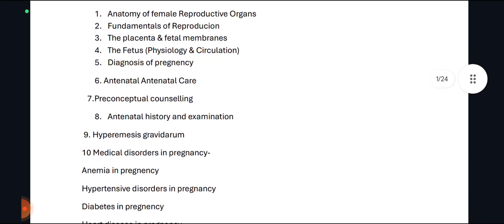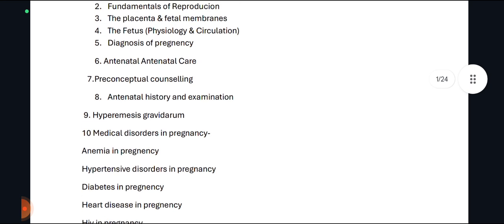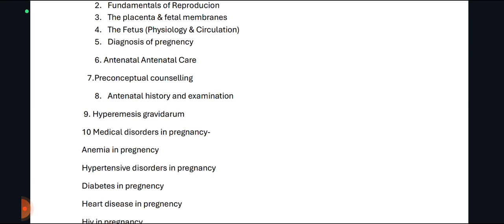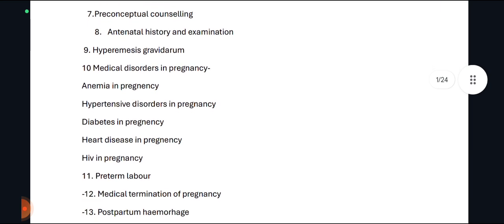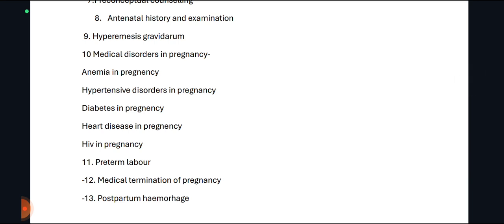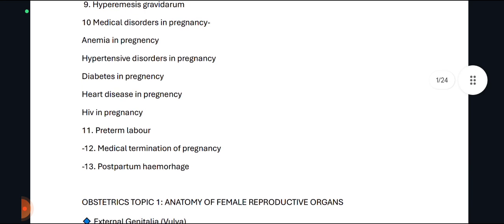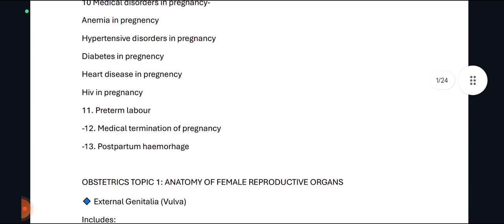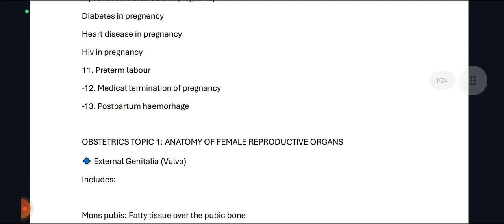First one being the anatomy of female reproductive organs, the fundamentals of reproduction, the placenta and fetal membranes, the fetus, which includes the physiology and circulation of the fetus, the diagnosis of pregnancy, antenatal care, preconceptual counseling, antenatal history and examination, hyperemesis gravidarum, medical disorders in pregnancy, anemia in pregnancy, hypertensive disorders in pregnancy, diabetes in pregnancy, heart diseases and HIV in pregnancy. We'll also be covering some short parts like preterm labor, medical termination of pregnancy along with abortion also, and we'll be also covering the postpartum hemorrhage in this OBS part.